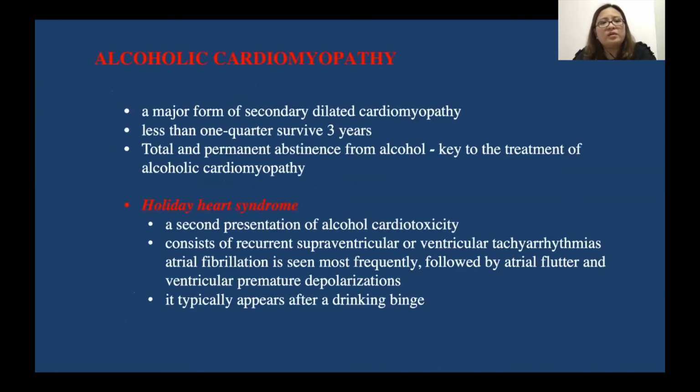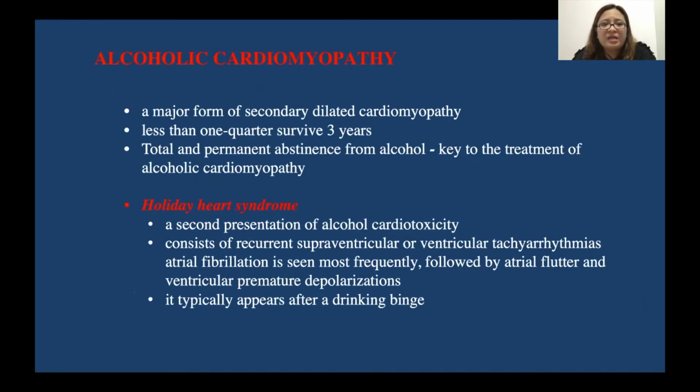Let's move on to alcoholic cardiomyopathy. This is a major form of a secondary type of dilated cardiomyopathy. Less than a quarter survive 3 years, and total and permanent abstinence from alcohol might be a key to the treatment of alcoholic cardiomyopathy.